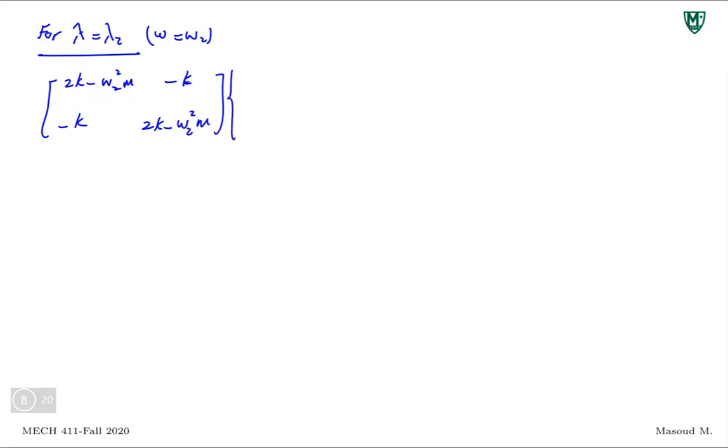Now in this case, let me be consistent. Maybe I should use vector form: x2,1 and x2,2. This is the second mode shape, the second eigenvector. I represent that with x2. This whole thing is x2. It has two elements, x2,1 and x2,2.